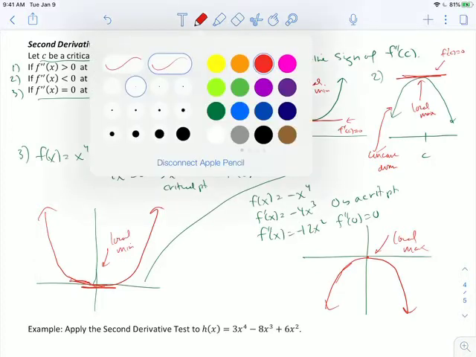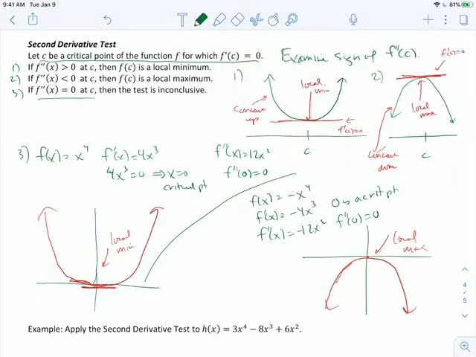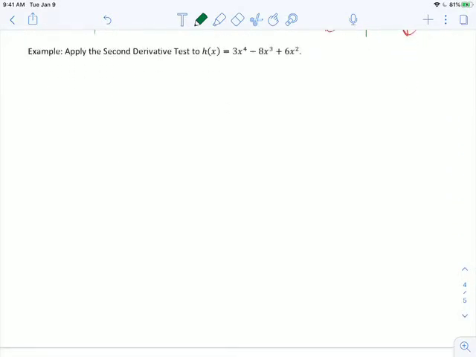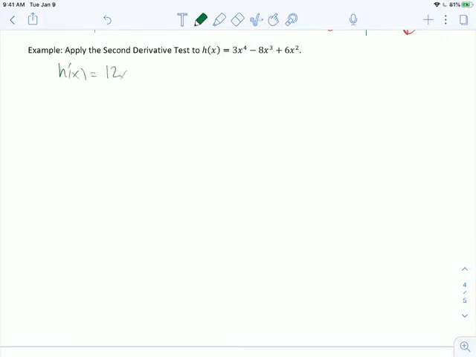So let's apply the second derivative test to a function down here. Again, remember, we're going to plug critical numbers in and see what the sign of the second derivative is. So my function h of x equals 3x to the fourth minus 8x cubed plus 6x squared. h prime is 12x cubed minus 24x squared plus 12x.